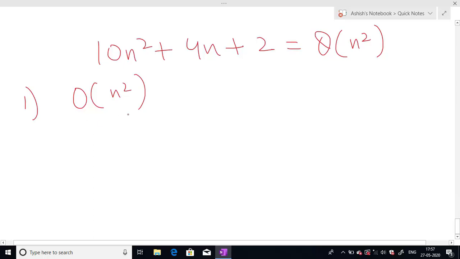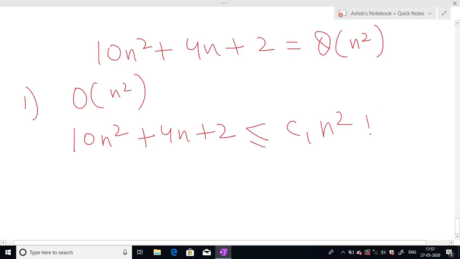For proving big O of n square, our function f(n), that is 10n square plus 4n plus 2, should be less than or equal to c1 times n square for all n greater than or equal to n naught. Let us take n naught equal to 1.